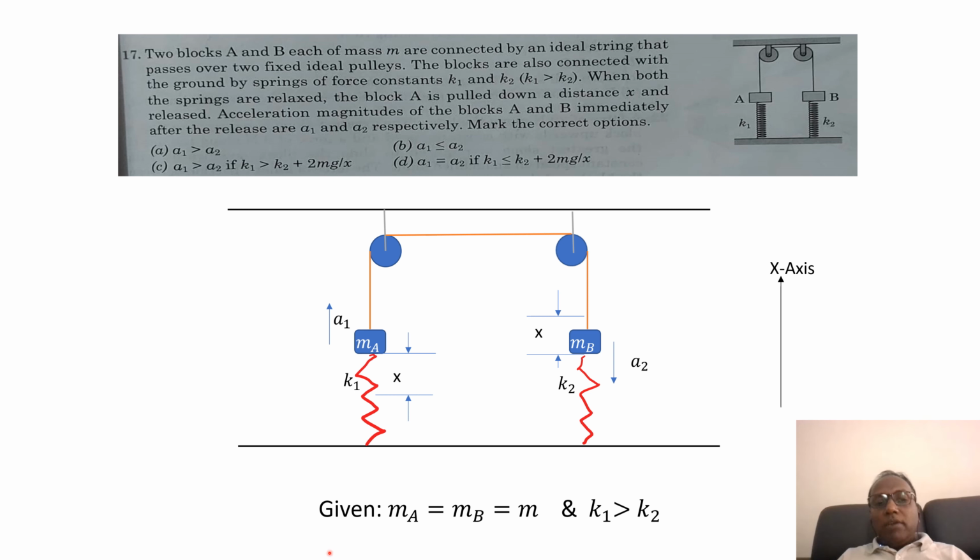I have written here MA is equal to MB is equal to M and K1 is greater than K2. This is as per the question. So we will make the free body diagram of A and of B and see which all forces are acting, and we will apply Newton's law of motion on that. That is the way to proceed.